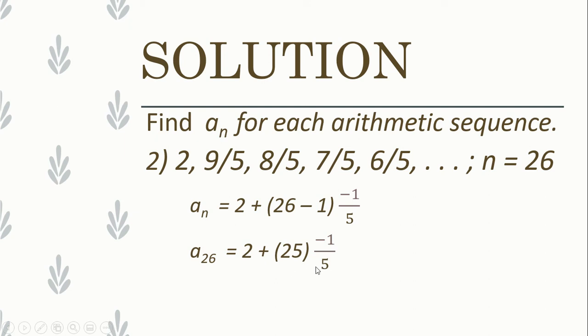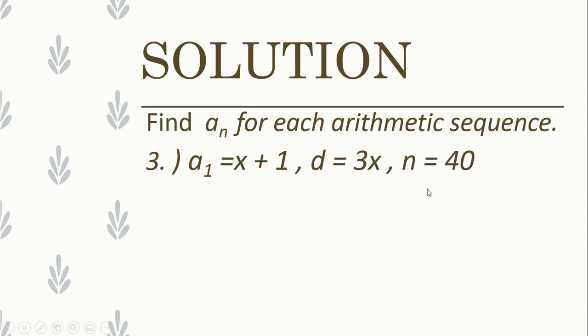Since this is multiplication, you can cancel out 25 and 5. 25 divided by 5 is equal to 5. 5 divided by 5 is equal to 1. Then, multiply 5 and negative 1, that is negative 5. So that will become 2 plus negative 5, that is negative 3.